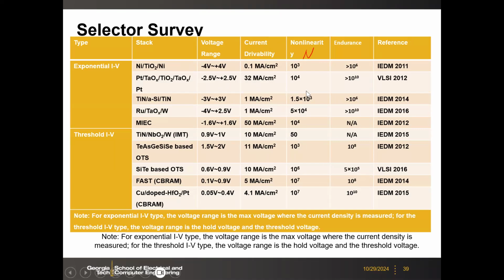Let's say for a back of envelope calculation, for a crossbar array, 1,000 by 1,000, let's say 1024 by 1024, the guideline is that your nonlinearity ratio should be larger than 1,000, right? Because think about it, you pick one column, and then you want to distinguish the current on and off.